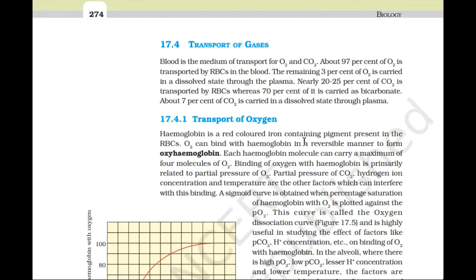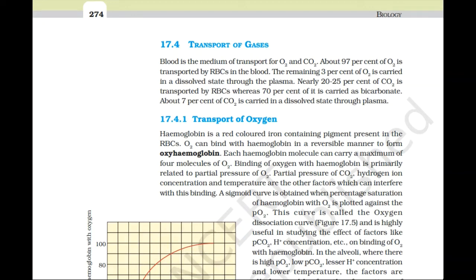Let us see the transport of gases. Blood is the medium of transport for O2 and CO2. About 97% of O2 is transported by RBCs in the blood. The remaining 3% of O2 is in dissolved state through the plasma. Nearly 20 to 25% of CO2 is transported by RBCs, whereas 70% of it is carried as bicarbonate.